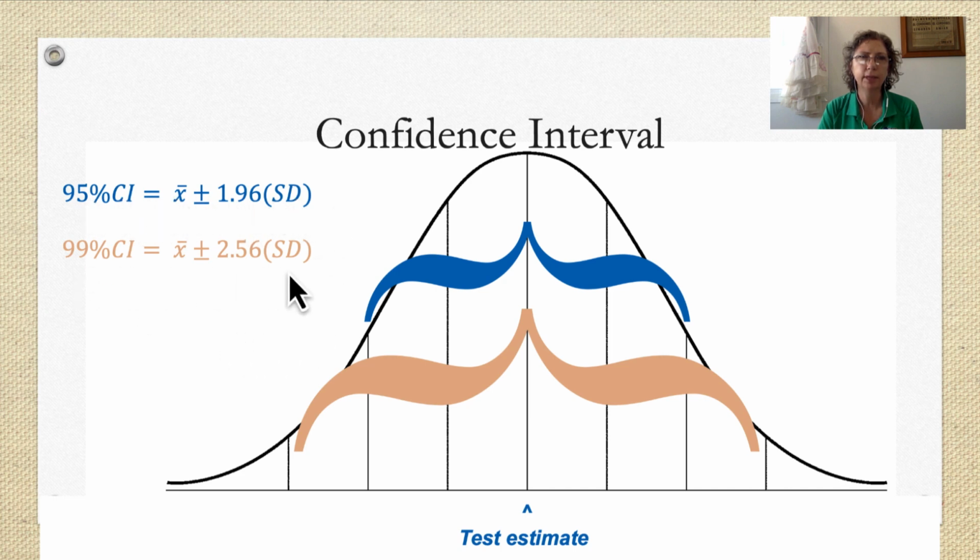If we wanted a bigger confidence interval, like 99% sure of what the estimate was, we would multiply by 2.56 standard deviations. Now, we're going to use stats software. We are not calculating confidence intervals by hand. We will use JASP, SPSS, R, or some software to tell us what the confidence intervals are when we need them.